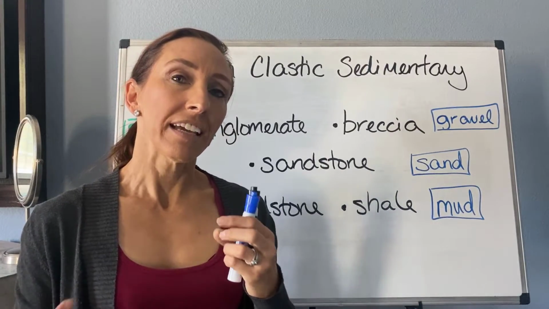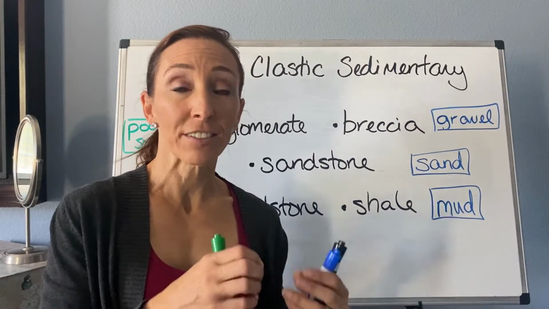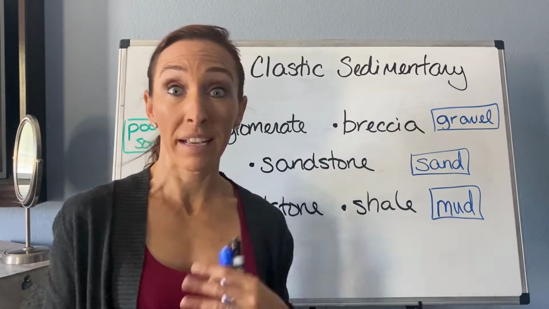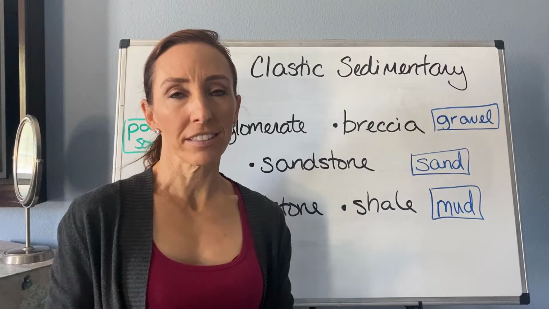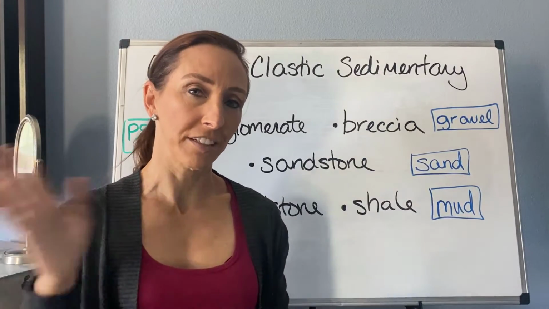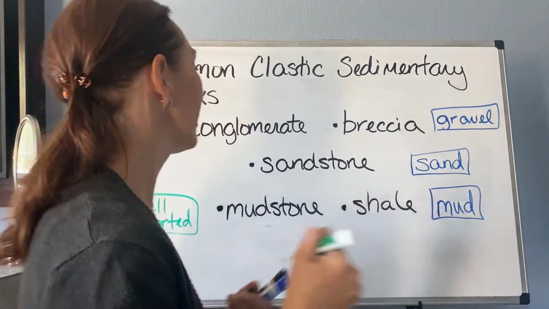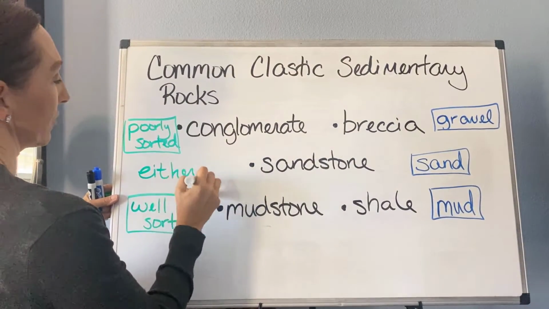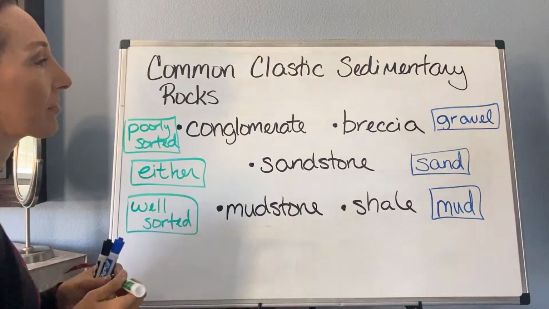So we could call it well sorted if it's either all fine sand or all coarse sand, or we call it poorly sorted if it's a mix of all sorts. It seems like a weird distinction to make, but it does actually make a difference for reasons we won't talk about here. So sand can be either, or our sandstone can be either.